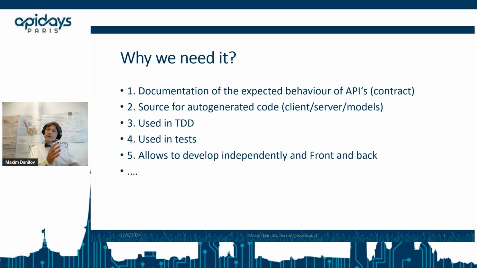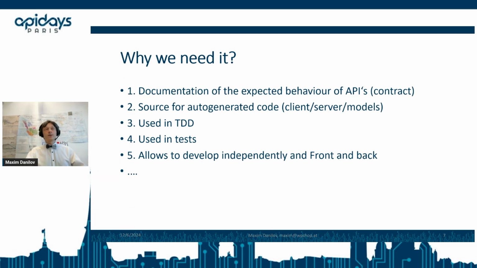For example, we can create clients for consumers of the API, or we can create an API server, or we can simply create models. Also, OpenAPI documentation is used in test-driven development and in integration tests.